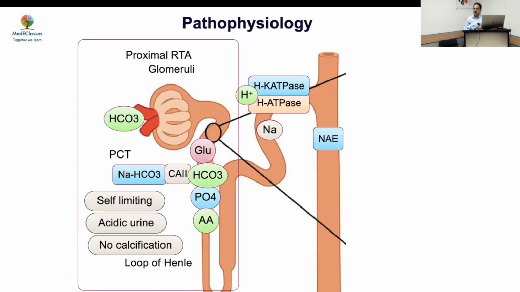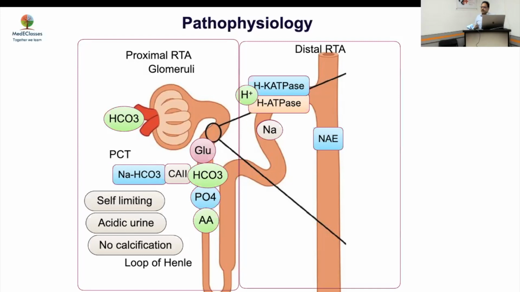They do have hypercalciuria. It is not that they don't have hypercalciuria, but they are also losing citrate, which prevents the calcification from happening. So hypercalciuria is not a distinguishing feature between proximal and distal RTA. Nephrocalcinosis does not happen in proximal RTA because of the citrate in the urine.